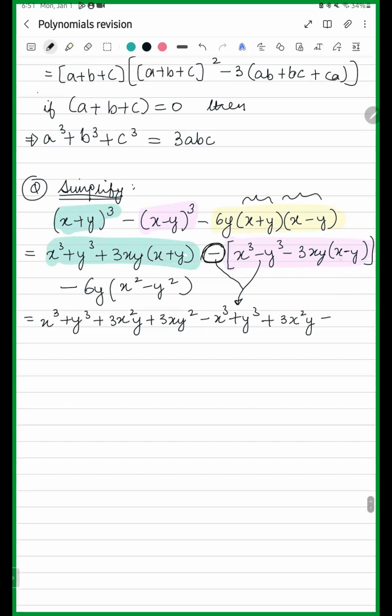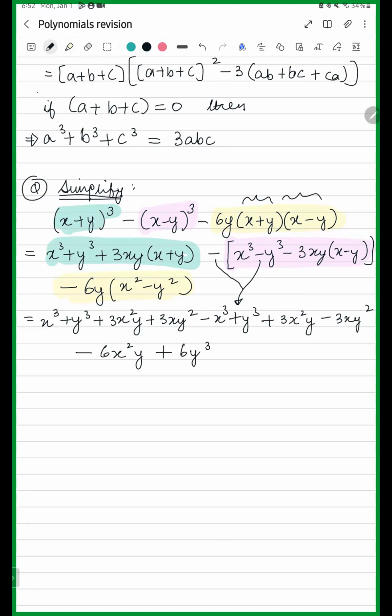So there are three of them, so that makes a negative. Then the last term, minus 6x squared y plus 6y cube.